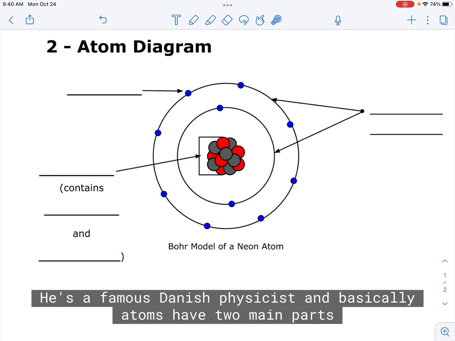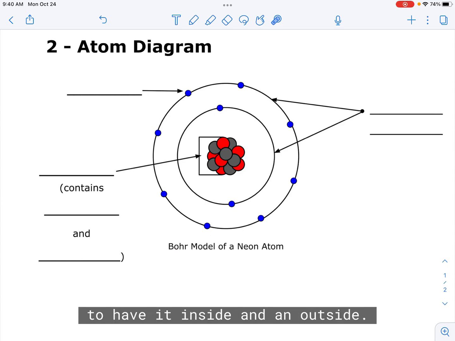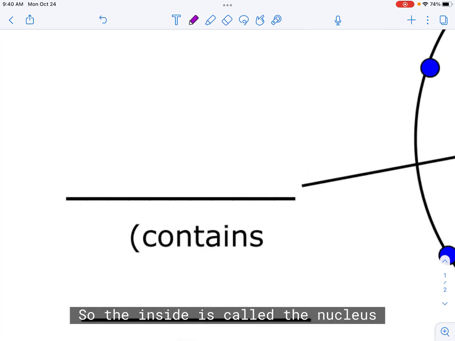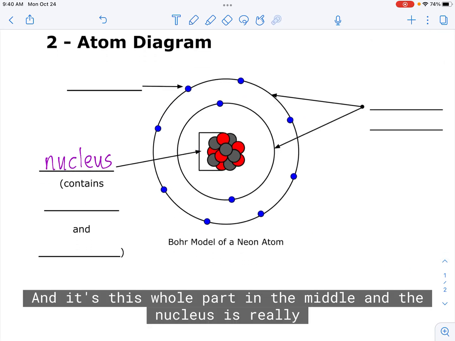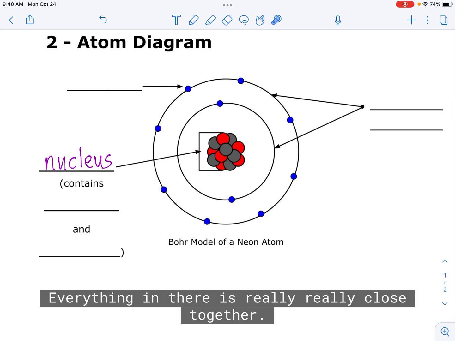And basically atoms have two main parts. They have an inside and an outside. So the inside is called the nucleus. And it's this whole part in the middle. And the nucleus is really dense. Everything in there is really, really close together.